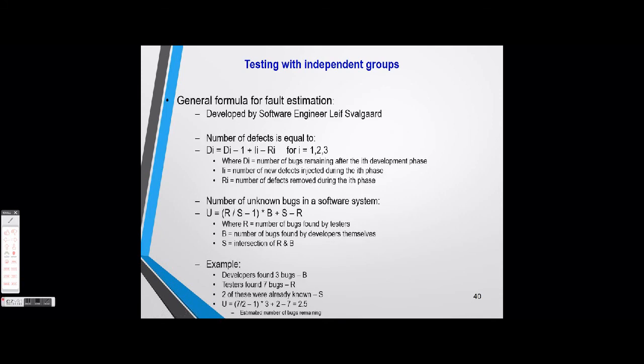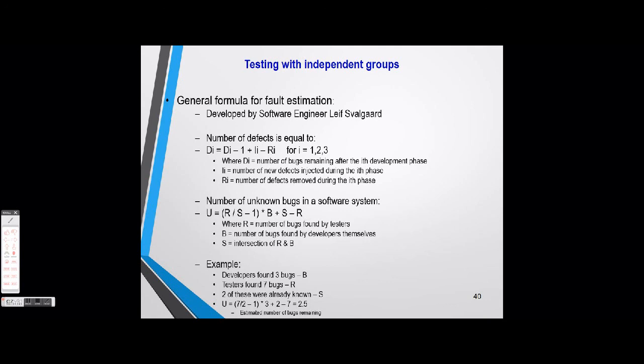But the general idea for fault estimating is that the number of defects you have is equal to the number of defects you had previously, minus however many you fixed. Pretty simple estimation there. And then the number of unknown bugs in a software system is an estimation based off how many the developers found, how many the testers found, and the intersection of those two.